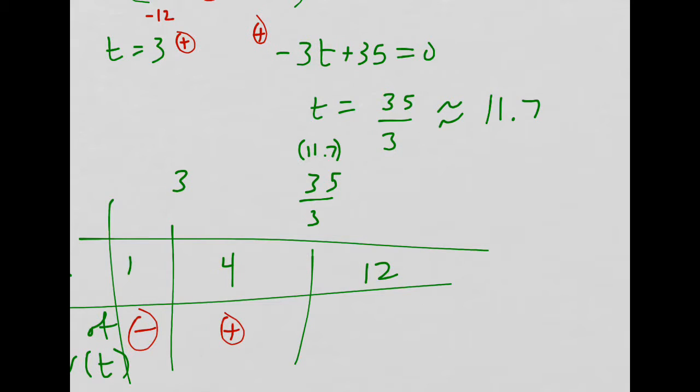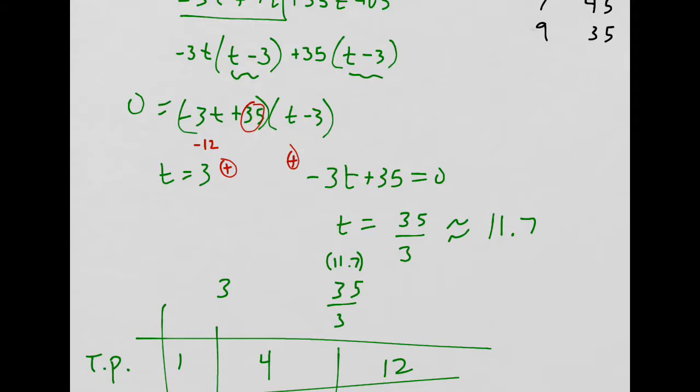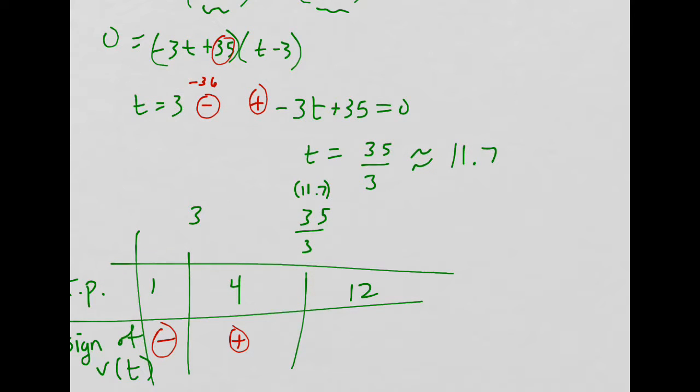And then plug in 12 and see what we get. Plug in 12, that's negative 36 plus 35, that's a negative 1. And 12 minus 3 is a positive. And a negative times a positive is a negative. So it changes sign there, and it changes sign there.